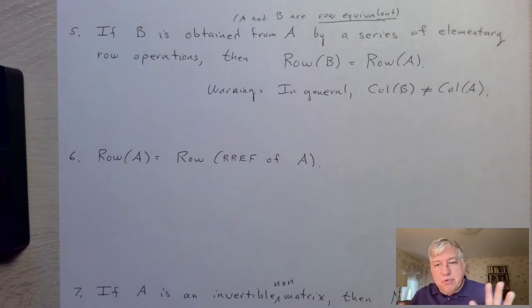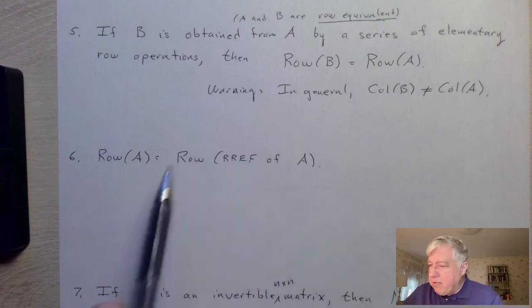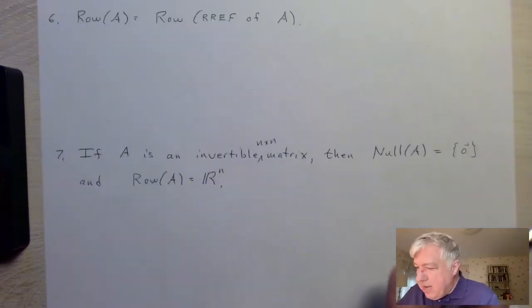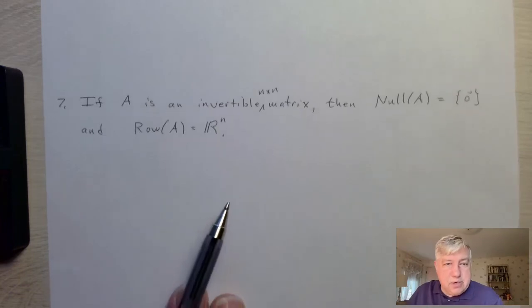Then you can do the thing we did in our previous example and find the null space. To find the column space, it's a little tricky, but not much, and we'll get into that in the next lecture. But right now, the row space of A is equal to the row space of its reduced row echelon form.